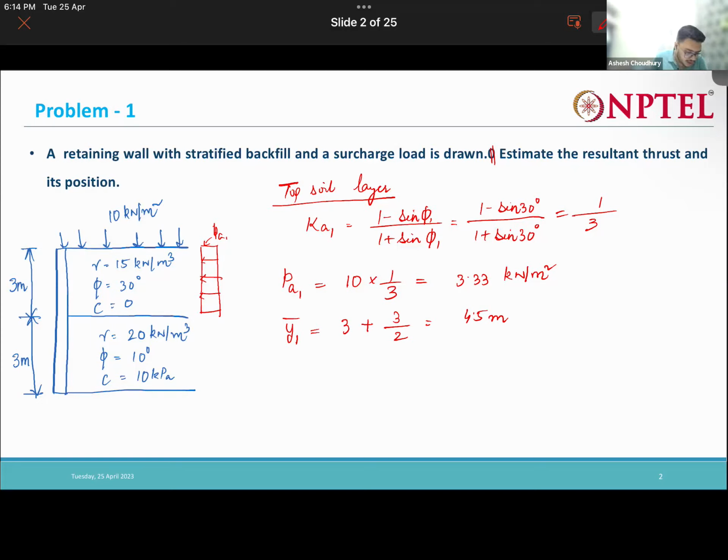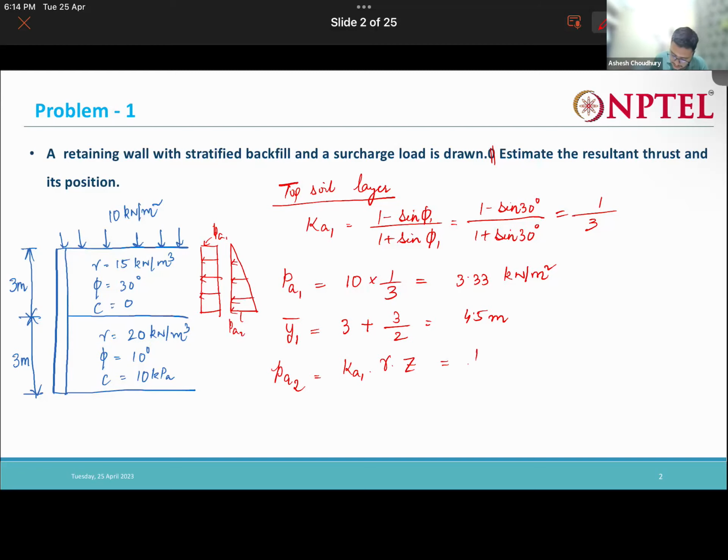Now for the top soil, let us find the effect of the soil mass. PA2 is Ka1 into gamma into Z, so this variation will be triangular.